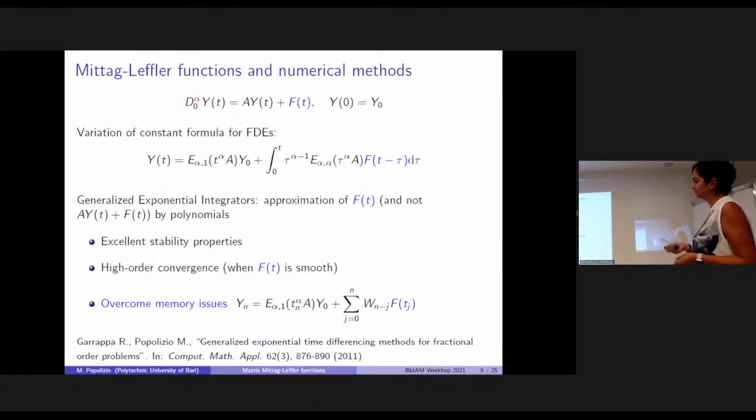Okay, so I just give you an idea of a numerical method that we may describe by means of the Mittag-Leffler function. We have this problem here, with A times y(t) plus a linear term f(t). By means of the variation of constant formula, we may write the solution in this form, and so we have here the Mittag-Leffler function and this term f.